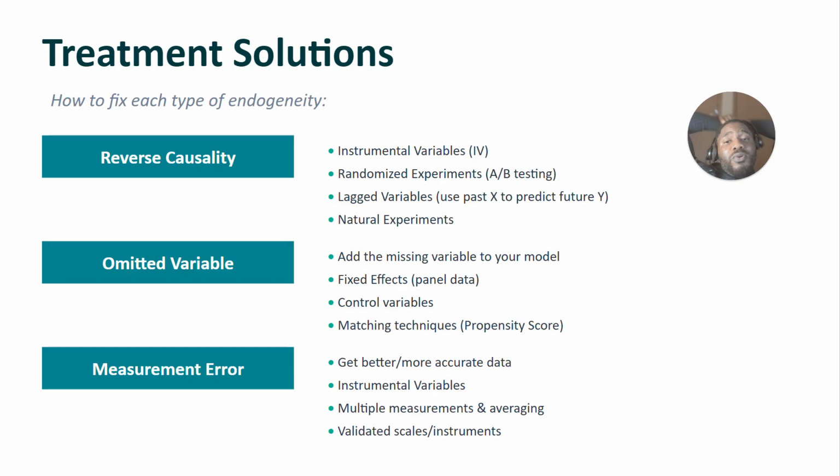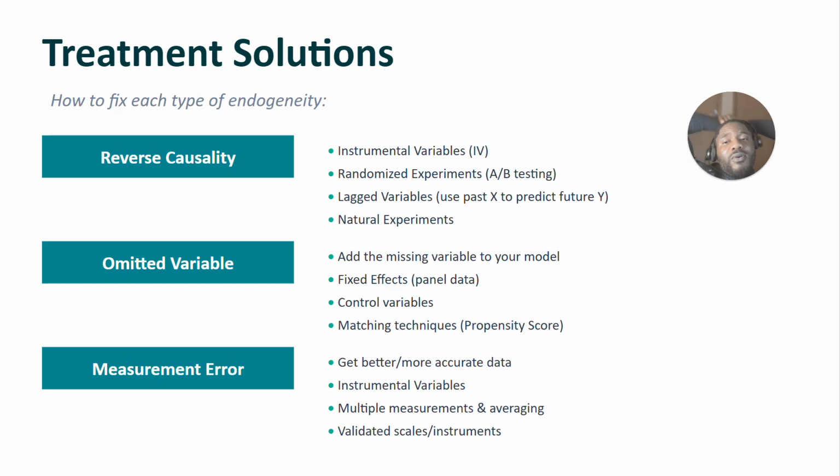For omitted variable bias, the solution is simply adding the missing variable to your model. If you can't measure it, use fixed effects with panel data to control for unchanging characteristics. Include control variables that proxy for the missing factor. Use matching techniques like propensity score matching.